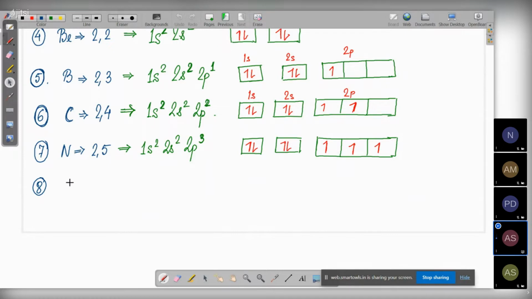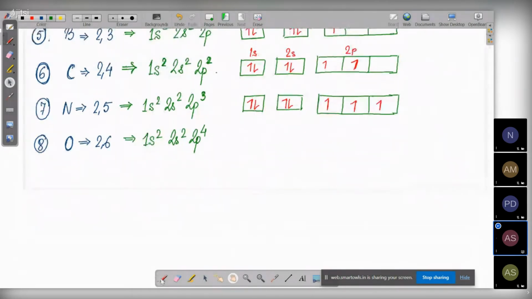Then what about oxygen? Oxygen is 2,6, which is 1s2, 2s2, 2p4. Now what will happen?